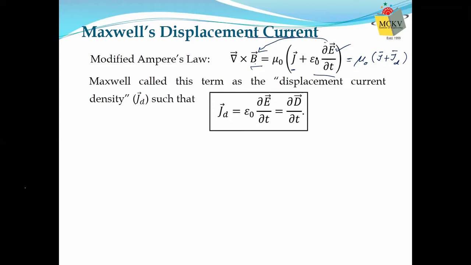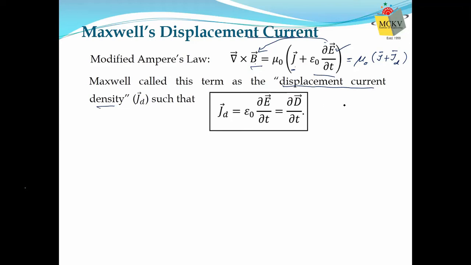Units must be the same. Since J is the conventional current density, because conventional current passes through, we give this one the name displacement current density. Why displacement current density? Because of epsilon ∂E/∂t.